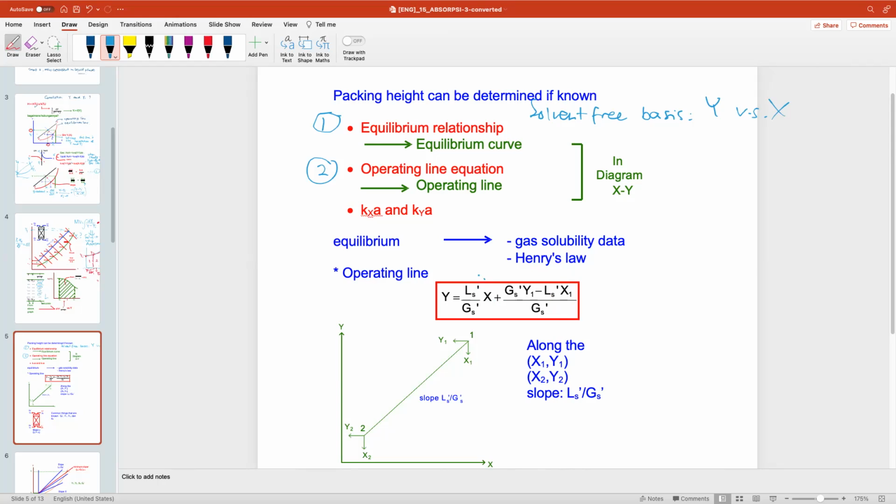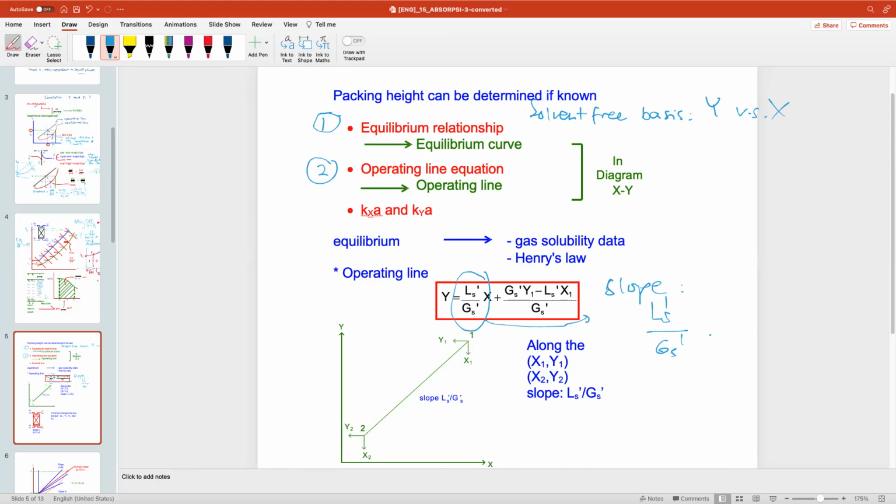If you look here, the slope of the operating line is noted as Ls' divided by Gs'. So the slope is defined by how much Ls divided by Gs.